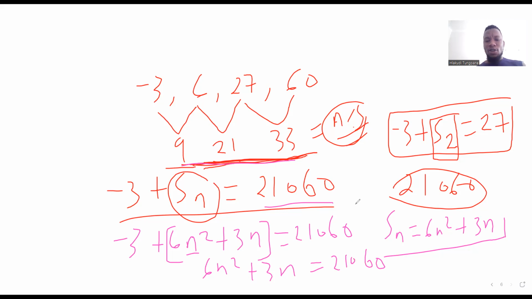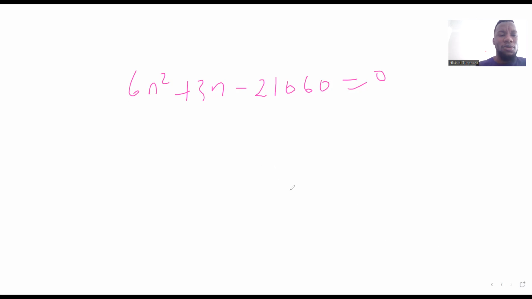Yes, okay. So for us to solve this, remember we have 6n squared plus 3n minus 2109 equals 0. The easiest way for us to solve for n in this formula is using the quadratic formula.